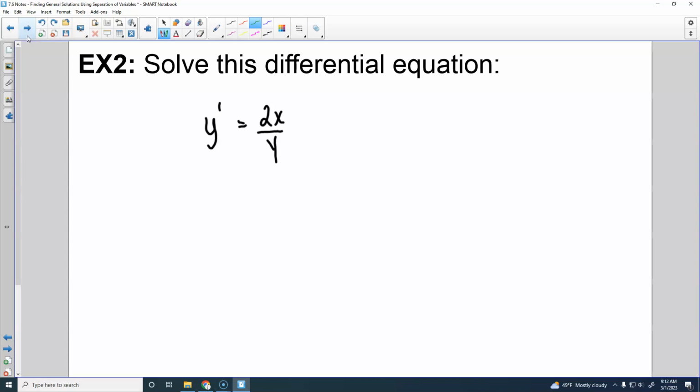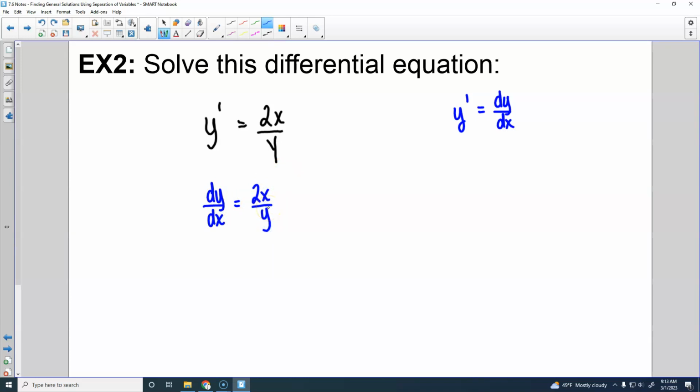So for this problem, I prefer dy/dx notation. I don't even know if you can really get away with not using dy/dx notation, but our book occasionally will give this notation where it's y prime. Y prime equals dy/dx. So I'm going to write it this way, because to separate your variables, you need that to be a dy/dx so that you can move stuff appropriately, so that you can separate the dy part from the dx part.